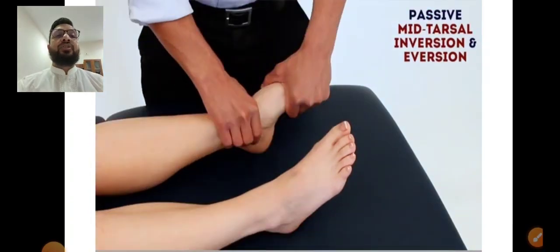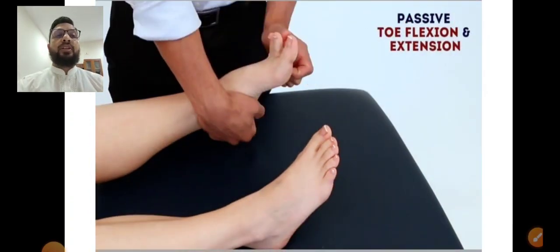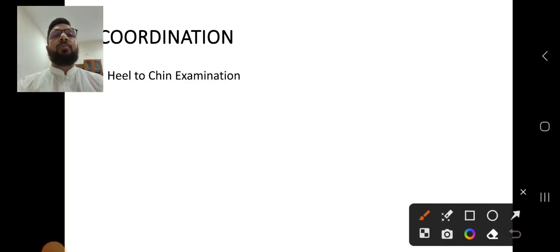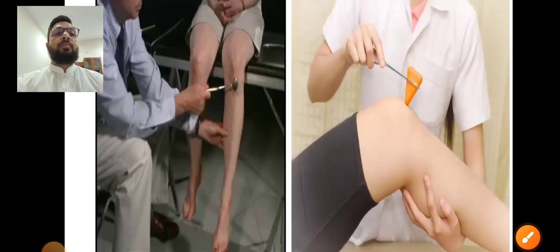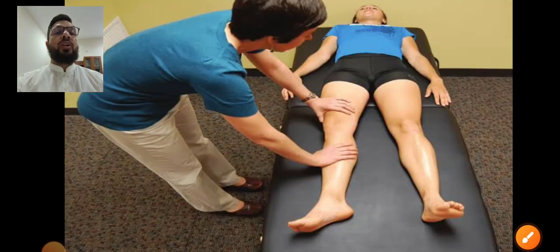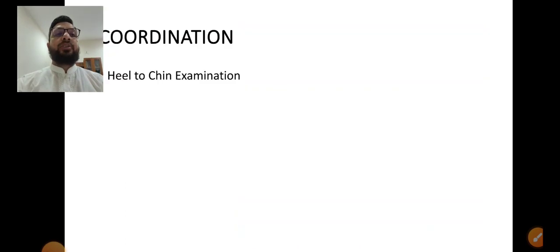So after that, the motor component, and now you have to perform some type of coordination, heel to shin coordination, and how you have to perform it. The important thing is how you will explain it to the patient.